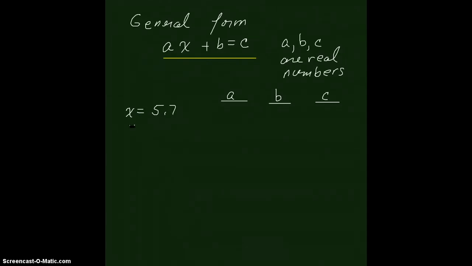So what's in front of the x? I just have x equals, so there must be 1 times x. So the number in front of x is a, so a in this case is 1. I'm not adding anything to x, so b must be 0. I've added 0 to x. And c is what comes after the equal sign, in this case 5.7.